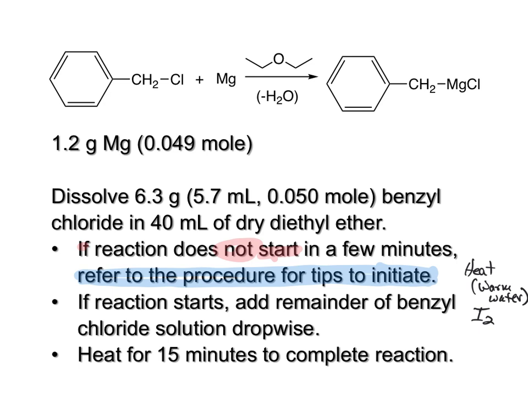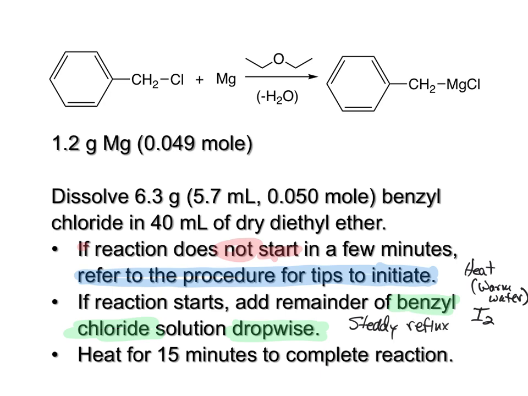Once the reaction starts, then you'll start to add your benzyl chloride solution from the addition funnel, but you'll let it go in dropwise. The reaction is exothermic, so you want to add it so that you get a steady reflux.